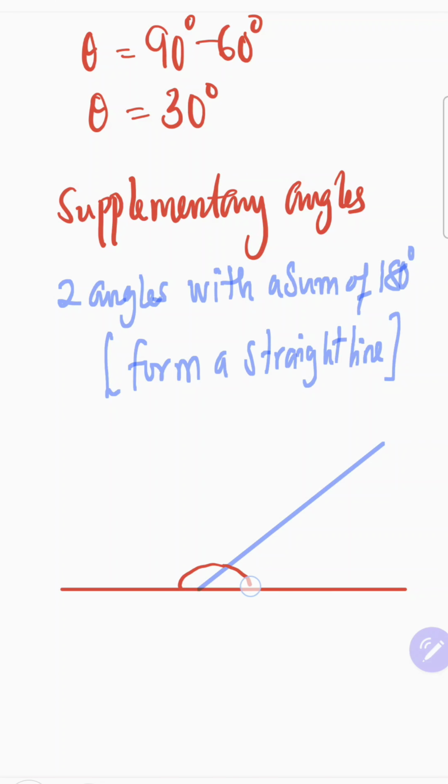So this is an angle, this is an angle. So here we have angle A, here we have angle B. So for the property of supplementary angle, the rule is that here angle A plus angle B must be equal to 180 degrees.